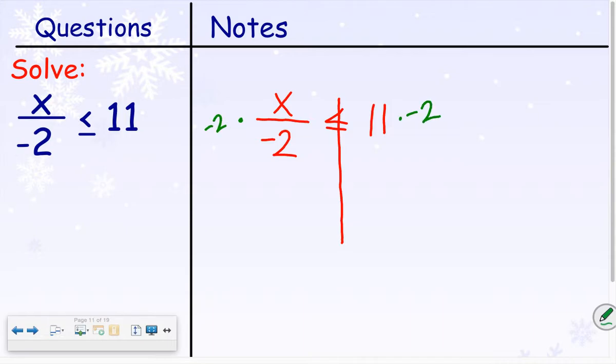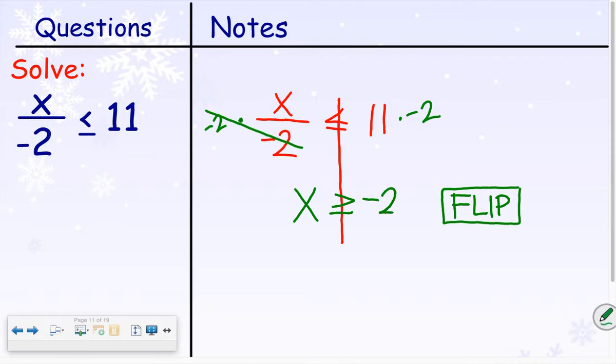Since we're timesing by a negative, we have to flip our inequality symbol. Every time we end up needing to flip, I'm going to write the word flip. Since we times both sides by negative 2, we had to flip it. So now our answer is x is greater than negative 22.